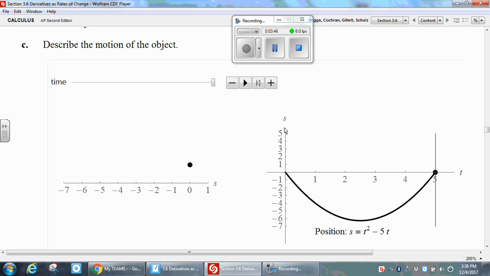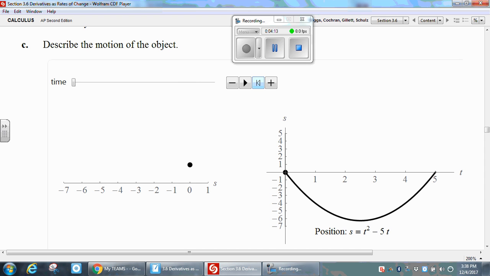So remember what they say, if the position is positive, then the point is moving to the right side. But do you guys see the position being positive at all? No. It's always negative, correct? So that's why the object is just moving to the left.